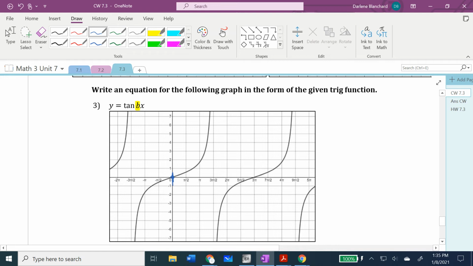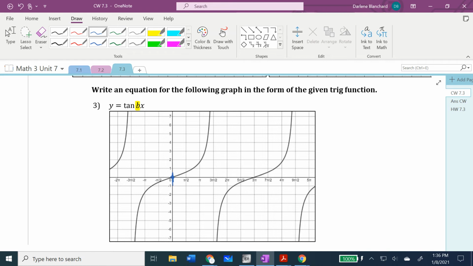But it will either stretch the graph away from the y-axis or compress it in toward the y-axis.